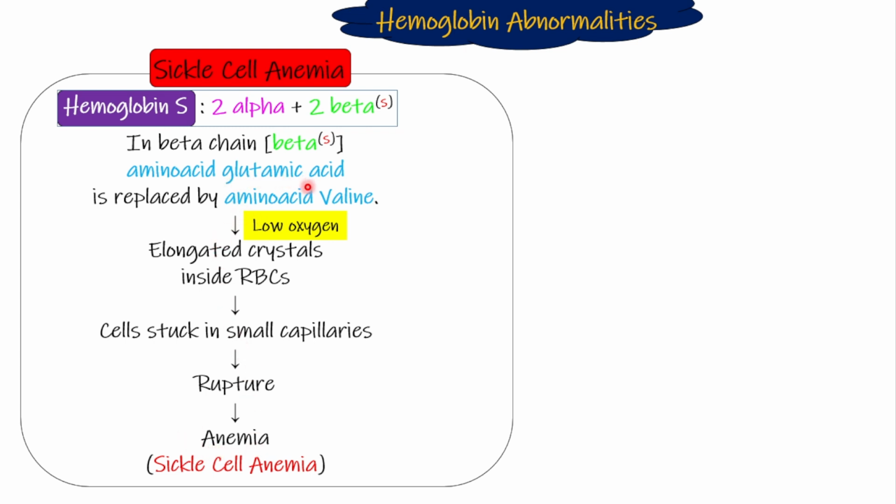Glutamic acid is being replaced by valine, which makes this hemoglobin S convert into crystals on exposure to low oxygen. Whenever these crystals are formed inside the RBC, they lose their normal biconcave disc shape, and these RBCs are converted into a sickle shape because of the elongation of hemoglobin crystals inside the RBCs.